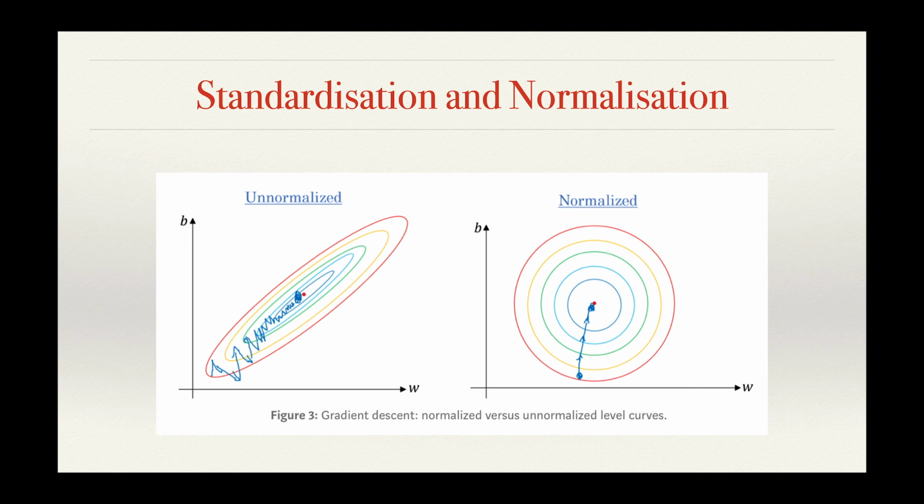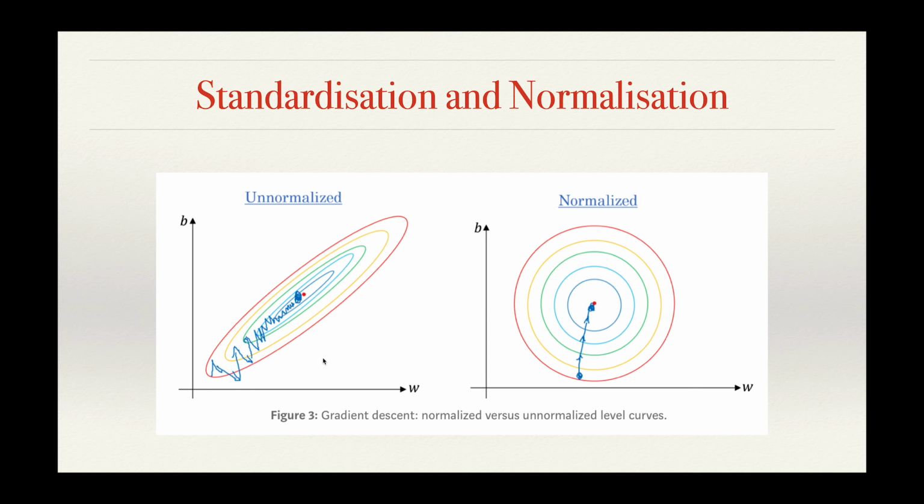Another importance is, as we said, symmetric and asymmetric. Let's say we have two weights, for example, W and B. When they have the same range, let's say between -5 and 5, both, for example, or -1 to 1, then we would have a symmetric cost function like this.